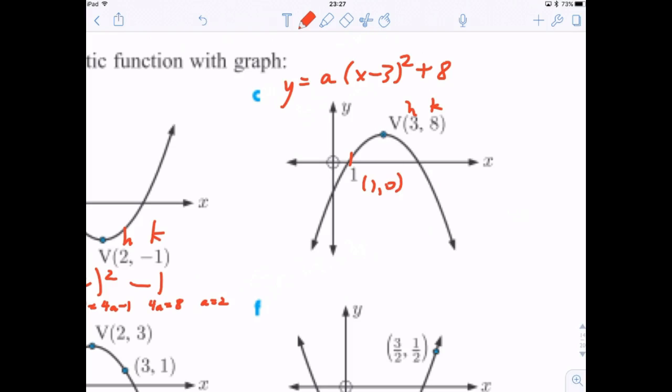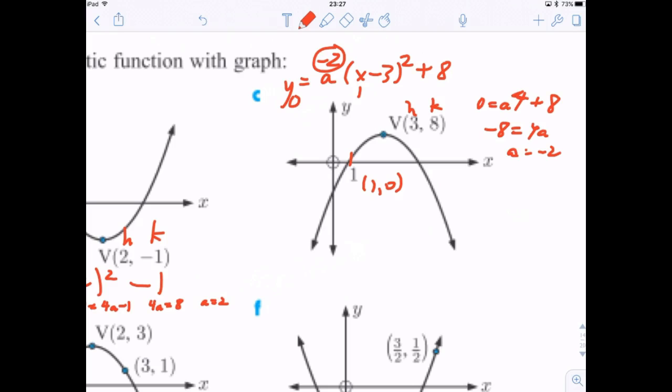So we're going to put 1 in for x, and we're going to put 0 in for y, and then we'll see what we get. So we have 0 equals a, and then 1 minus 3 is negative 2, quantity squared, so it's 4, plus 8. So it's negative 8 equals 4a. A equals negative 2. So, put negative 2 there.